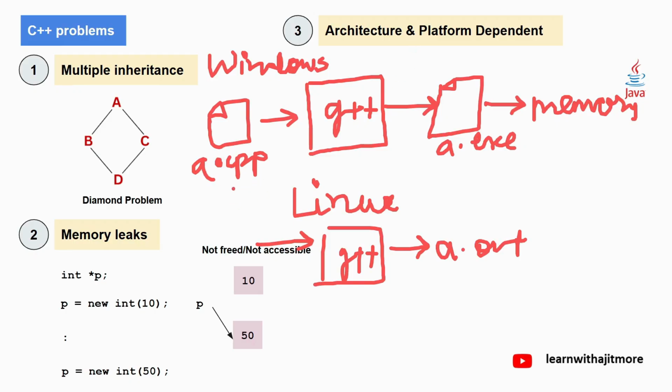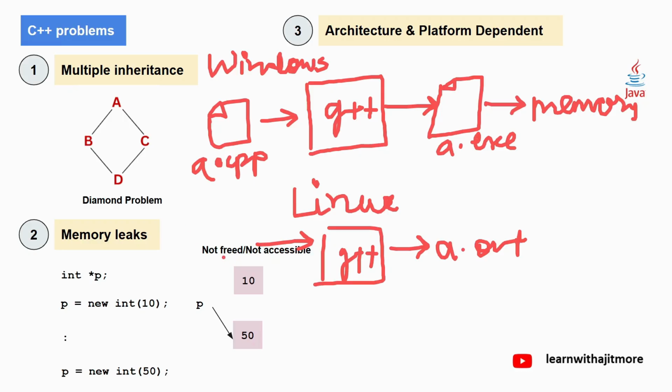If you compile a C++ program with a Windows compiler, the executable is bound to Windows only. It can be run on any other Windows system but not on other platforms. So one drawback of C++ is that it is platform dependent.